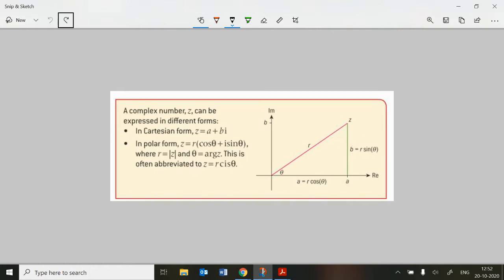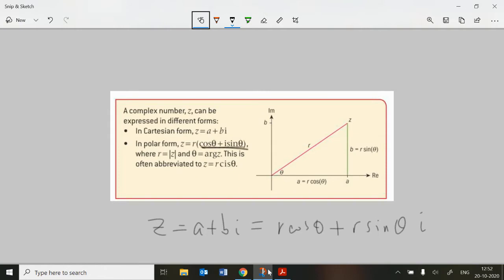Okay, now what you should know is that z, not only a plus bi, that's the rectangular form, but the polar form of this would be r cos theta plus r sine theta i.